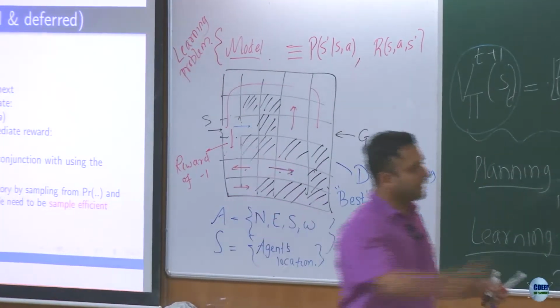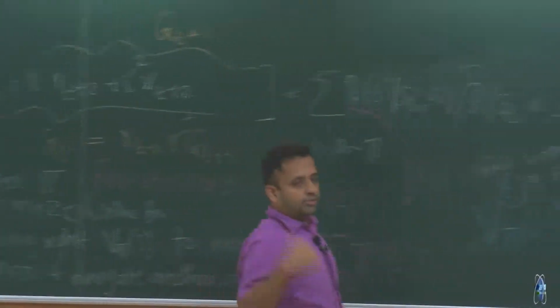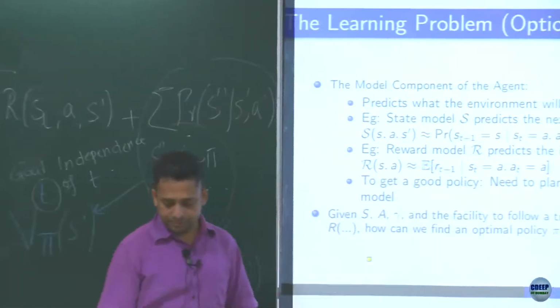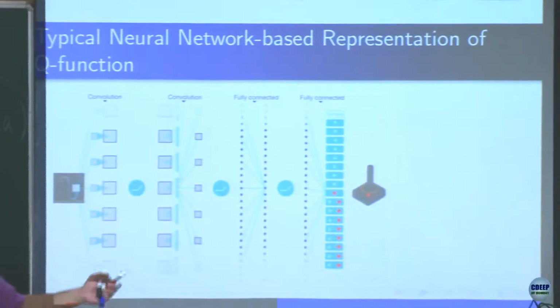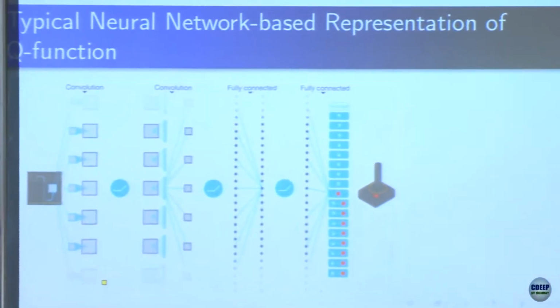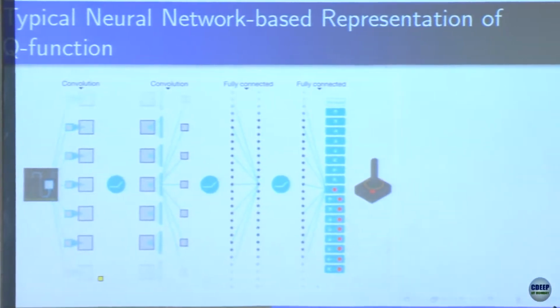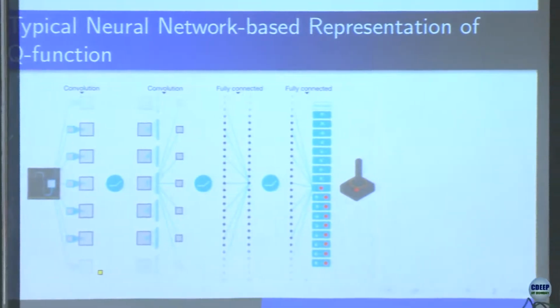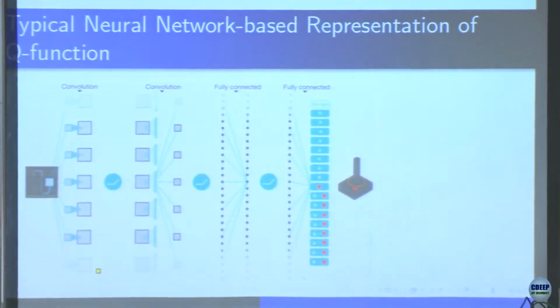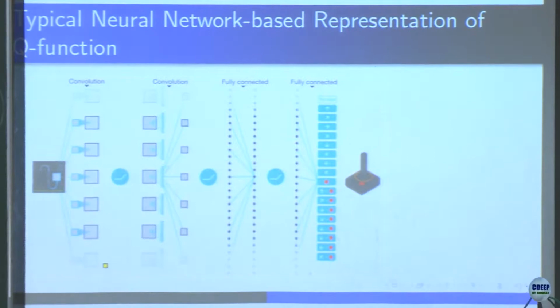Okay, so I tried to summarize everything we were talking about on the board itself. Sometimes, as I said, you could use neural networks to approximate the pi's in the planning setting, and in the learning setting you could use a neural network to approximate the Q. So in Q learning, again, your objects could be complex, could be images, you could do convolution and so on.